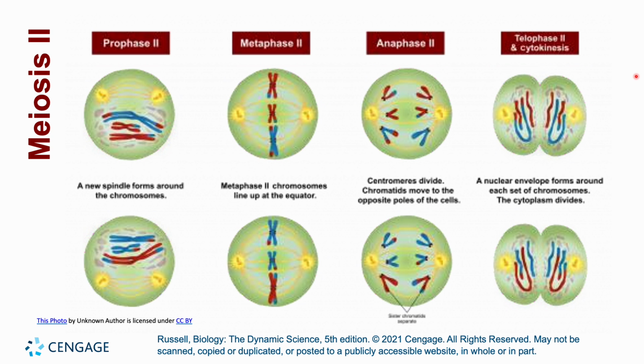But, yung difference niya sa mitosis is that yung chromosome number per cell is half of the parent cell, and the chromosomes or the cells, they are non-identical to each other.